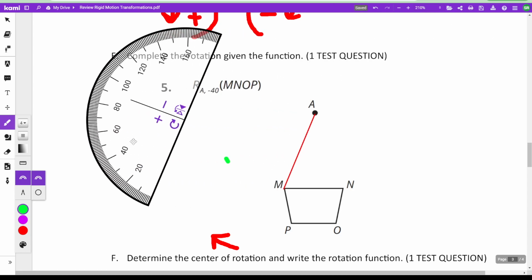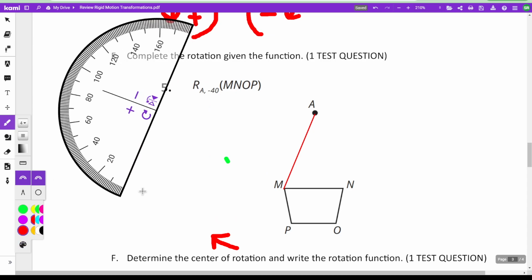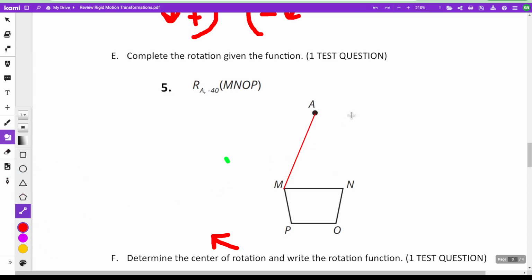Okay. Now once I have that, I draw a line, well, a straighter line than that, from A to that point there. And then I want to measure the distance from A to M, because A to M prime is going to be that same distance from the center of rotation. And so here you would use a ruler.